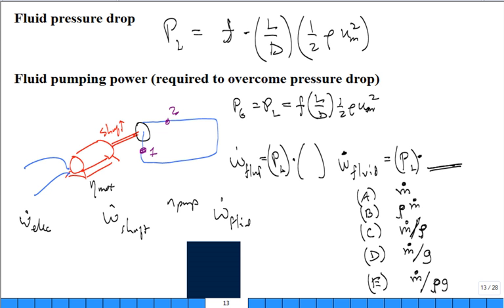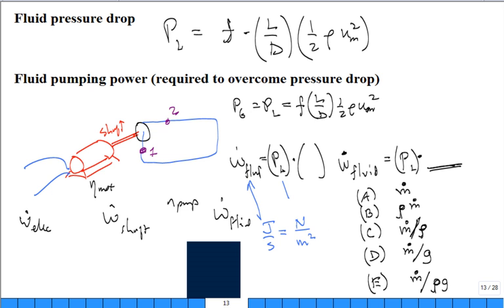So let me do this. In SI units, what are the units on the fluid power, W dot fluid? Watts. Would that watt be a joule per second? A joule per second. Help me with P sub L, pressure loss. Units, SI. Pascal, newtons per meter squared. So just from the units, I need to multiply by something here, right?